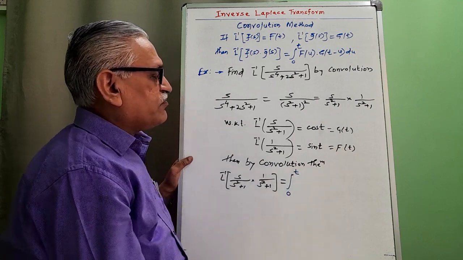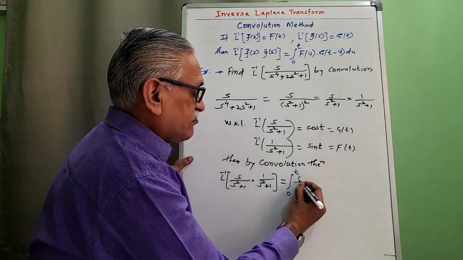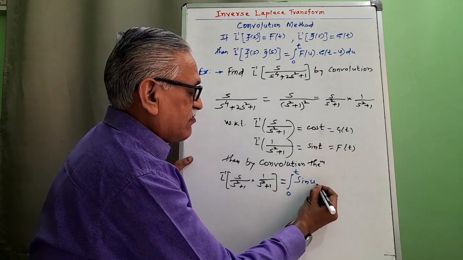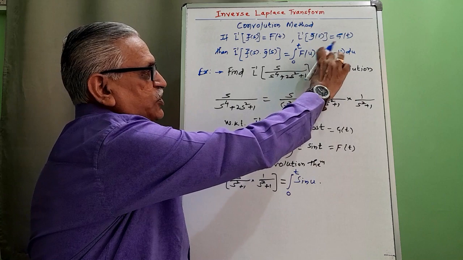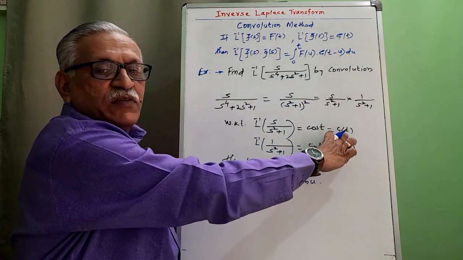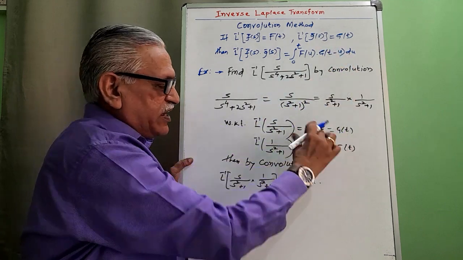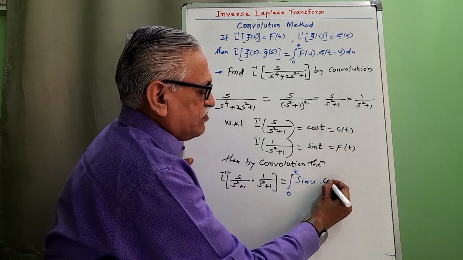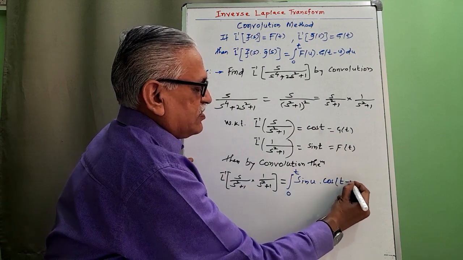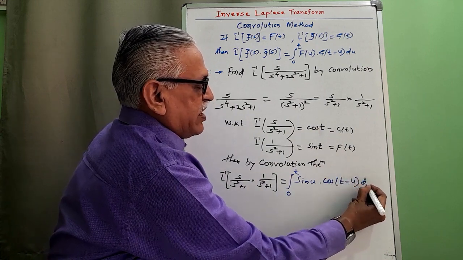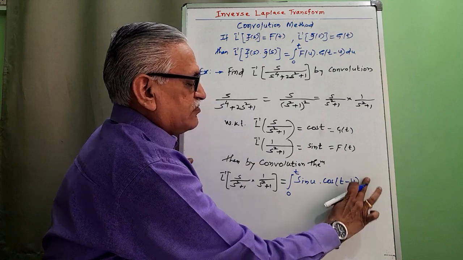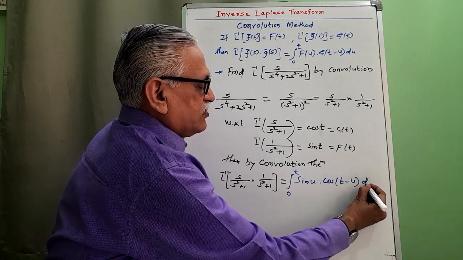F of u is sin u into g of t minus u. In this g of t, replace t by t minus u, we get that term as cos of t minus u, and its integration with respect to u.